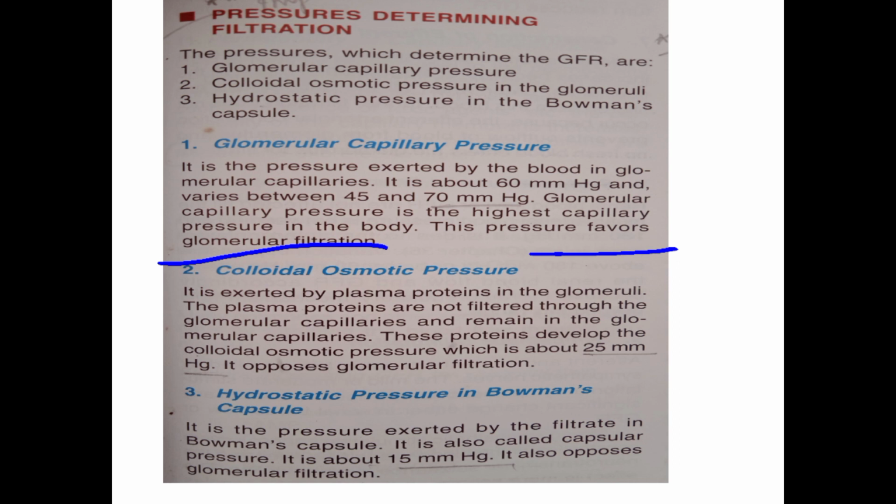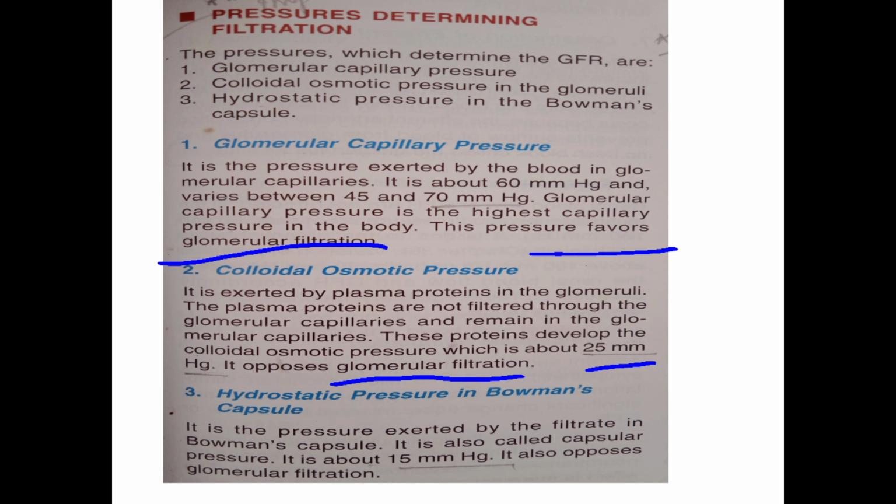They stay in the glomerulus only, and will not be filtered. So the plasma proteins provide a pressure of about 25 mmHg that opposes glomerular filtration. If more plasma proteins are present, the pressure increases and it will decrease the filtration rate. That is colloidal osmotic pressure.